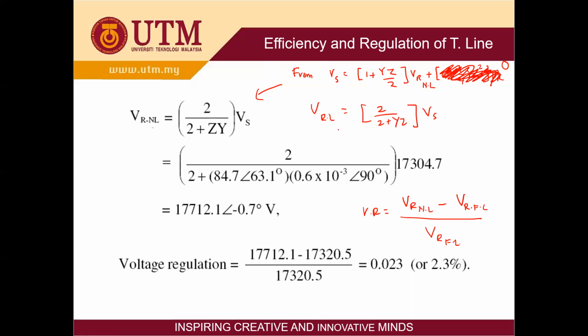This is your voltage at no load at the receiving end, which you can calculate and you will get this answer. Then just use the magnitude. This is your VR no load, this is your VR full load. From here you can see that the voltage regulation is around 2.3%. This is very small, and we can consider that this transmission line has very good voltage regulation.